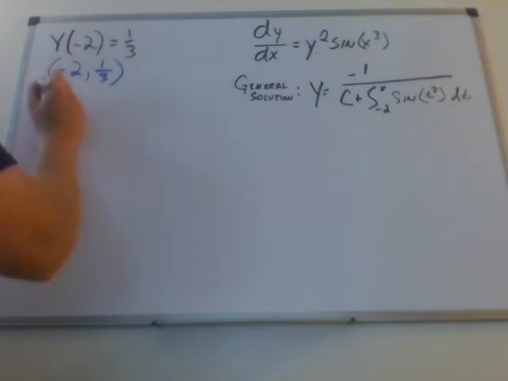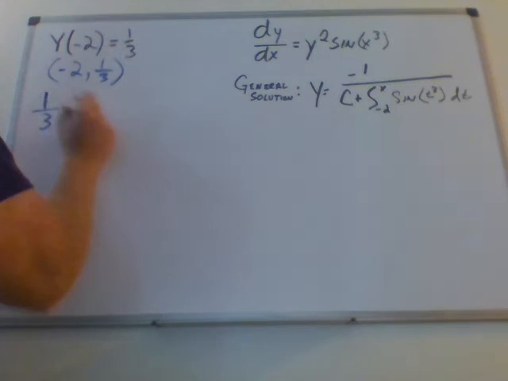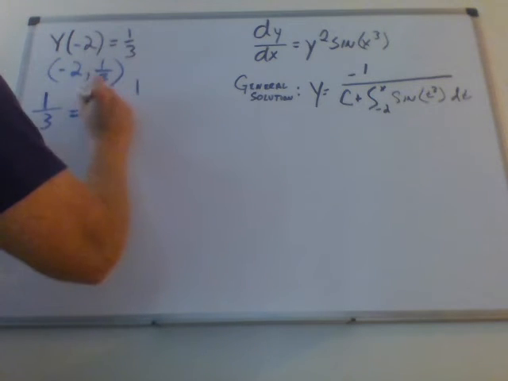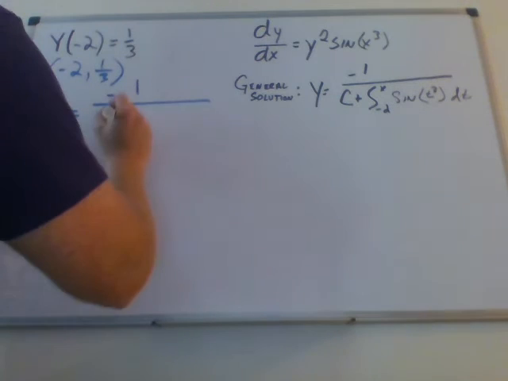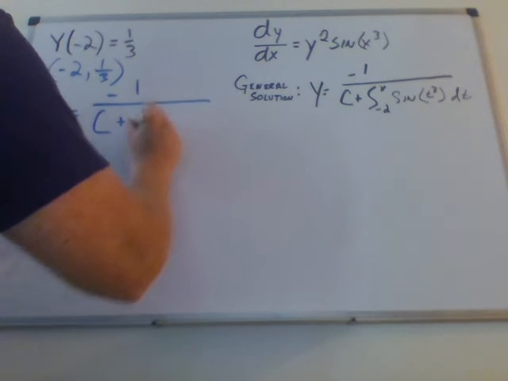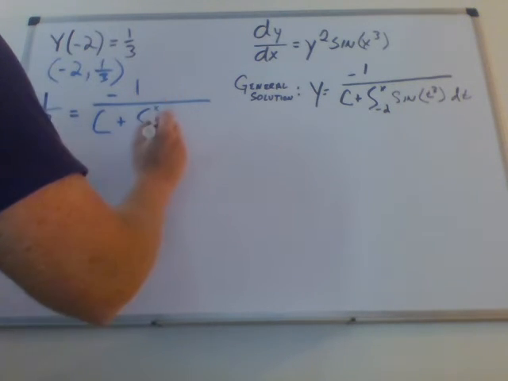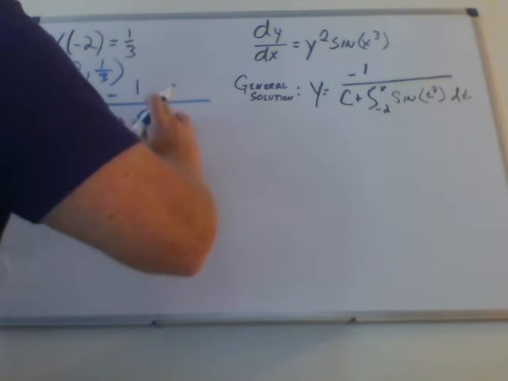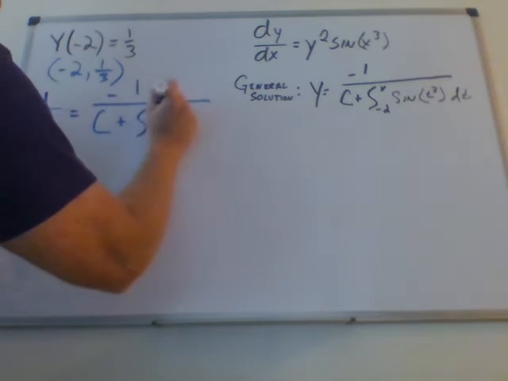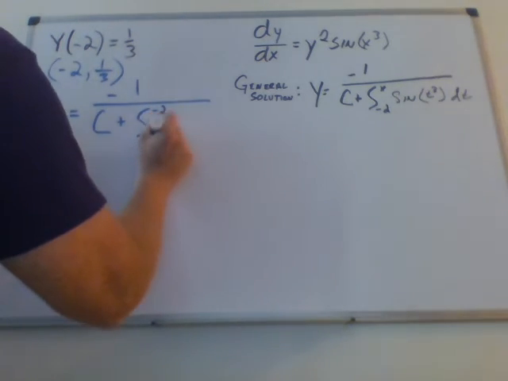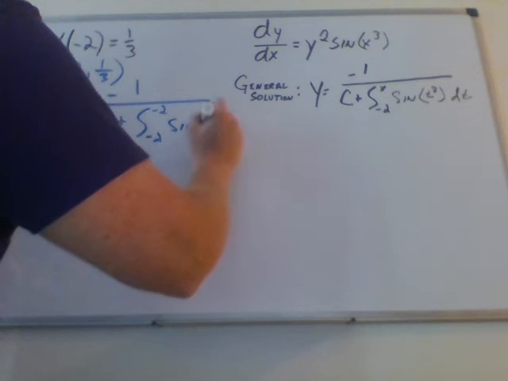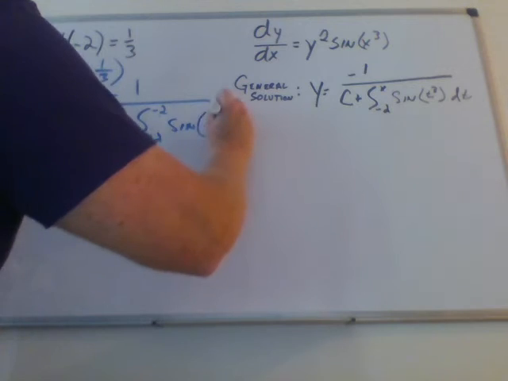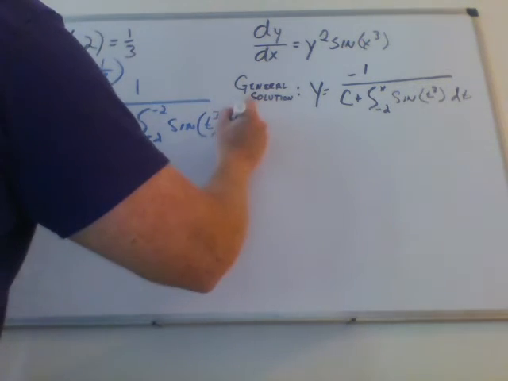So y is 1/3 equals negative 1 over c plus the integral. Oops, we have to substitute in x. So the integral from negative 2 to negative 2 of sine t to the 3rd dt.